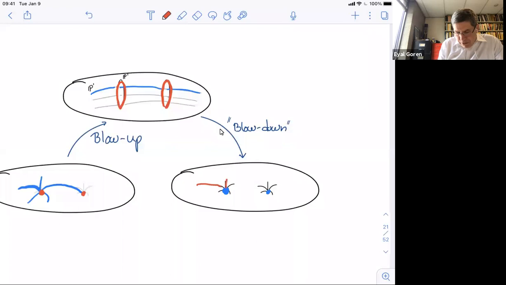So it becomes those components. Okay, so there's a beautiful symmetry to this whole picture.